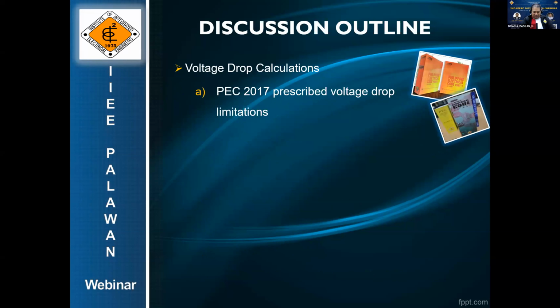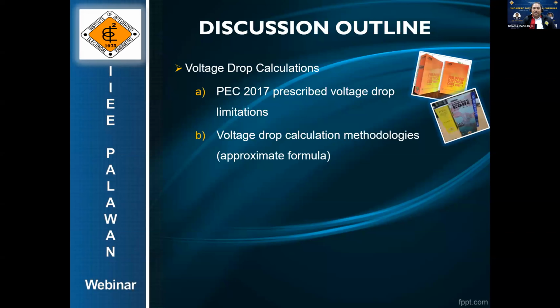So by the way, yung dapat gamitin natin na reference is the updated code natin, not the previous outdated. We have to use the latest edition of our Philippine Electrical Code, no. And the methodologies of these calculations and system modeling. So this is very important, no?